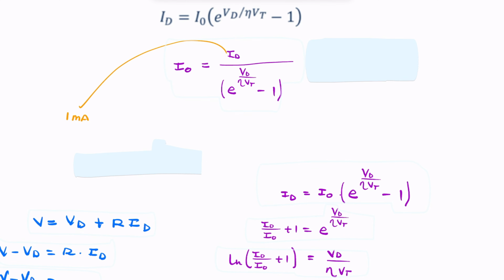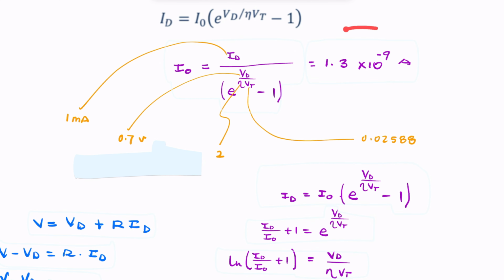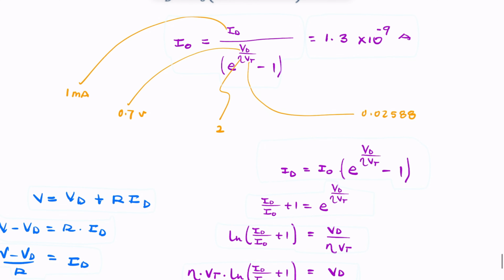In this case we're given in the question 0.7 volts, VT is 0.02588, and eta is 2. If you put all that in a calculator, we end up with the saturation current of 1.3 nanoamperes. So that's our value for I naught.